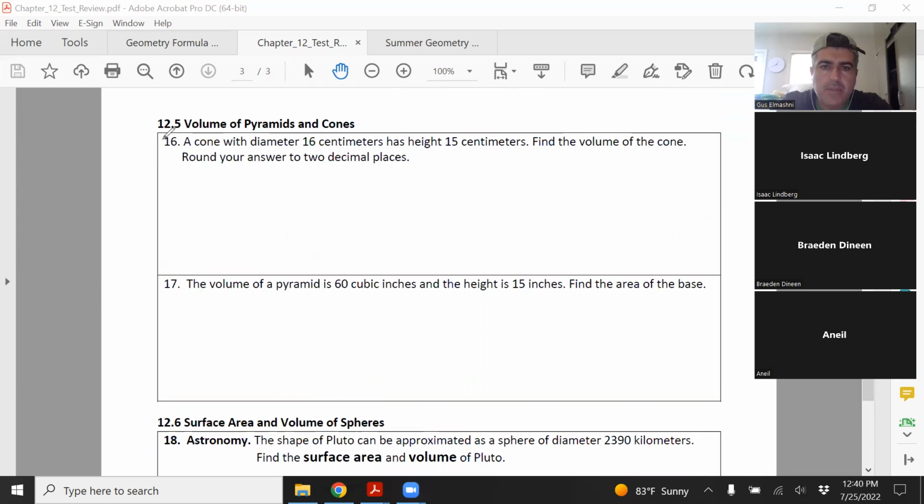Here, a cone, diameter 16, height 15, find the volume of the cone. So radius is 8 times the height of 15. Yep. Just work that out, not that hard.